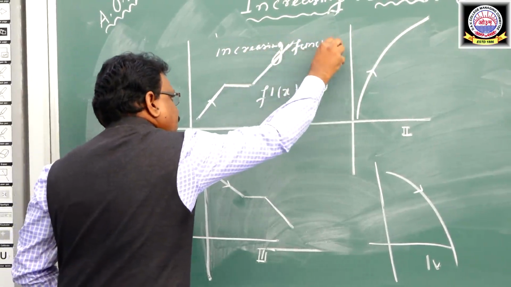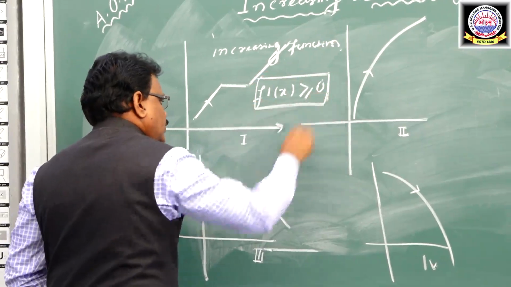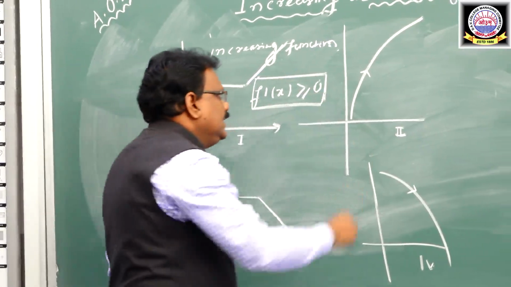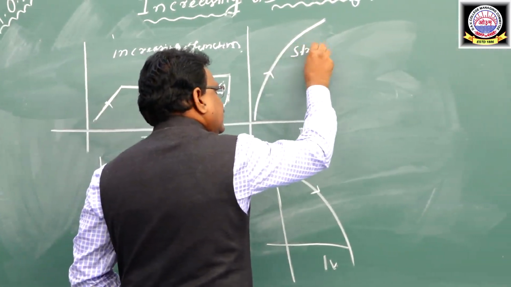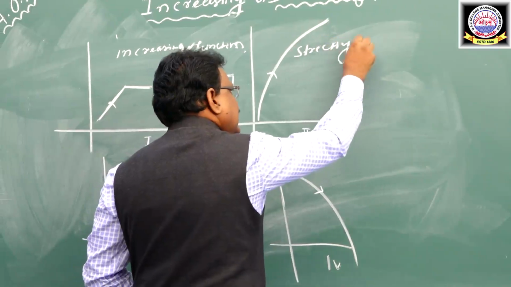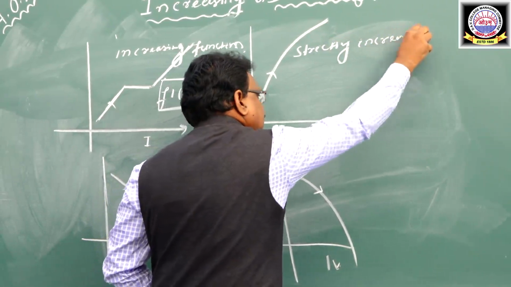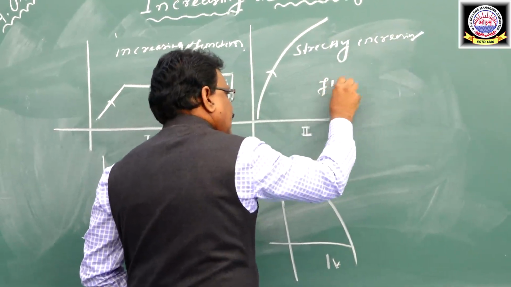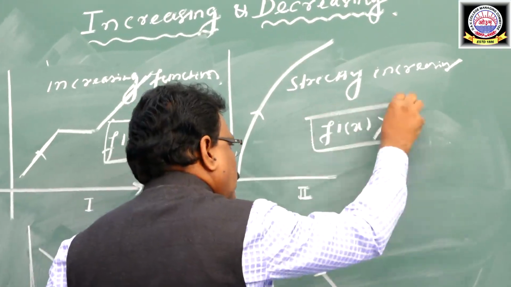It is an increasing function, so derivative greater than or equal to 0. And this one is strictly increasing. So here f dash x is only greater than 0, not equal to 0.